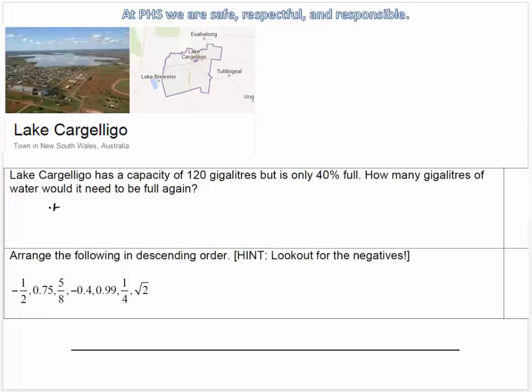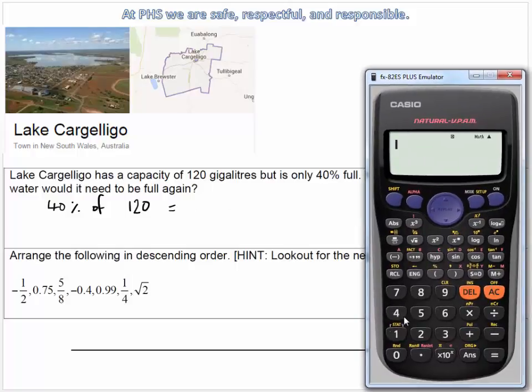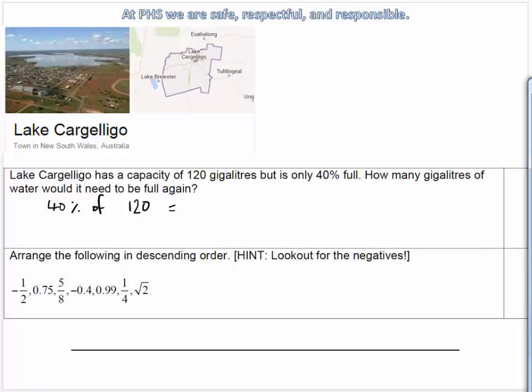Well, 40% of 120. Let's use our calculator. So 40% is 40 out of 100. That's what a percentage is, a fraction out of 100. Times 120. 48. So it has 48.